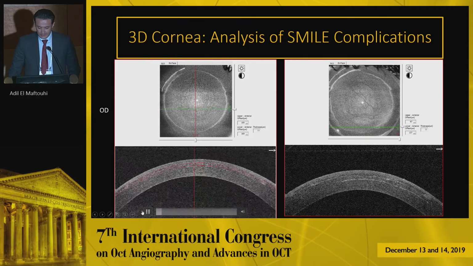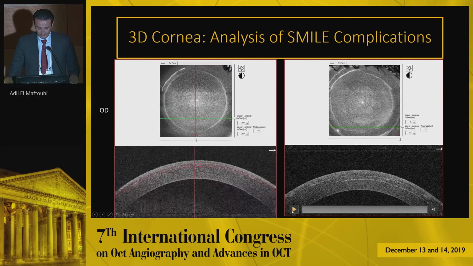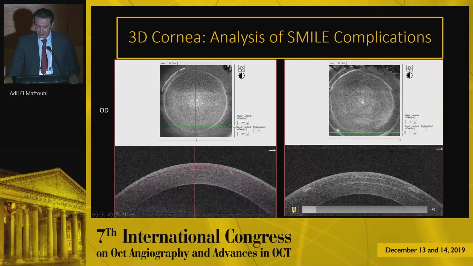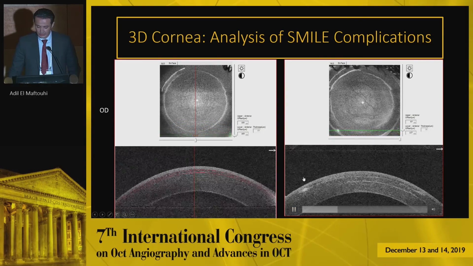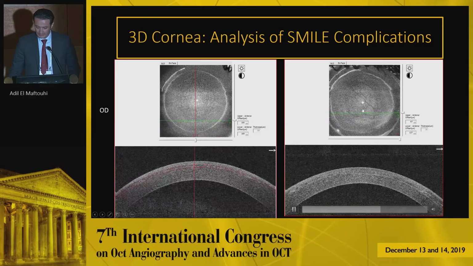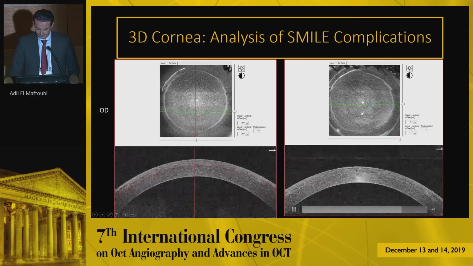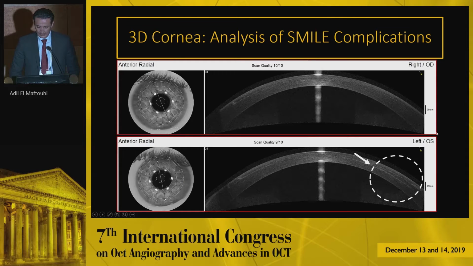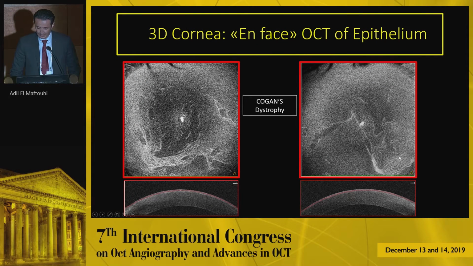At the left, you have a regular cut, and here you have an irregular cut during the surgery, and a piece of the lenticule still remains here in the inferior part of the apex. And here the corresponding B-scan, and here the irregular cut.